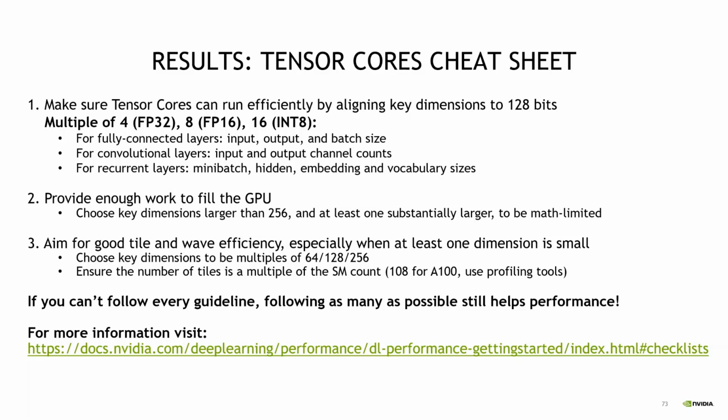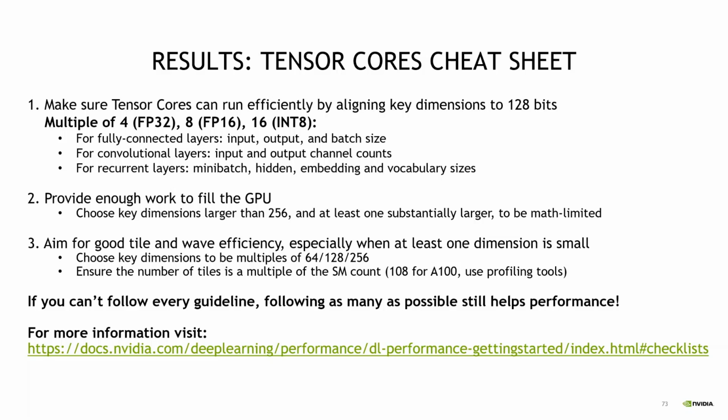Second, provide enough work to fill the GPU. Choose k dimensions larger than 256 and at least one substantially larger to be math limited. Our main target is to be math limited. Third, aim for good tile and wave efficiency, especially when at least one dimension is small. Choose k dimensions to be multiples of 64, 128, or 256, and ensure the number of tiles is a multiple of the SM count.